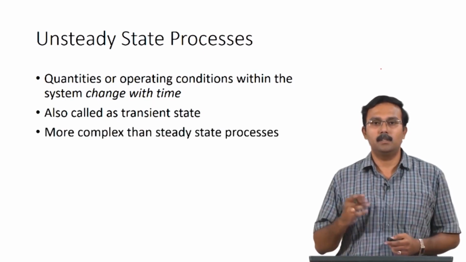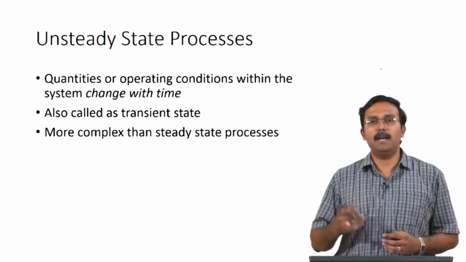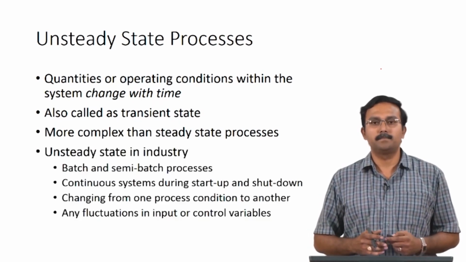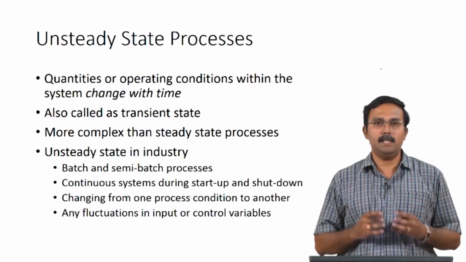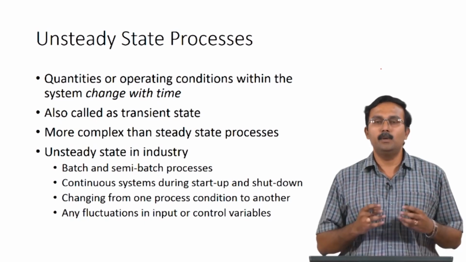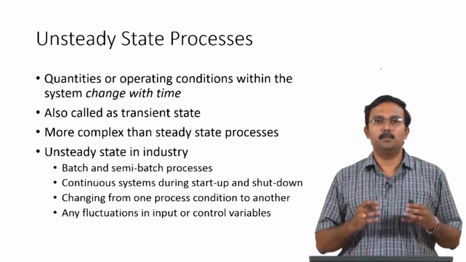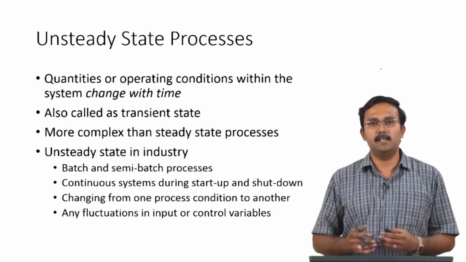These complex systems are actually more tedious to solve compared to steady state processes. Unsteady state processes in the industry could be seen in batch or semi batch processes or continuous systems during startup and shutdown. When the system is fully operational, they usually operate at steady state.